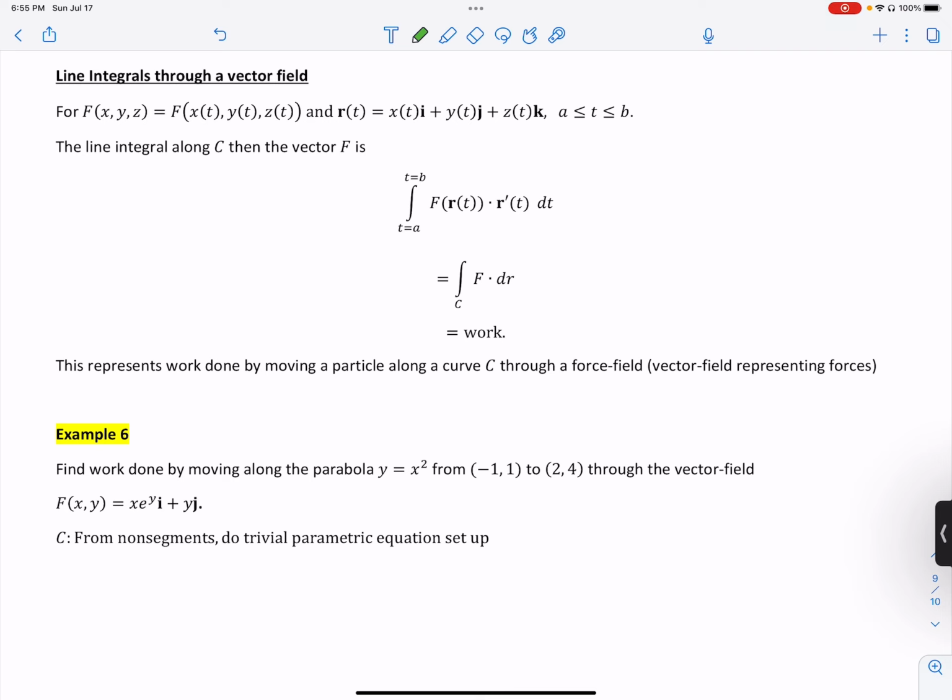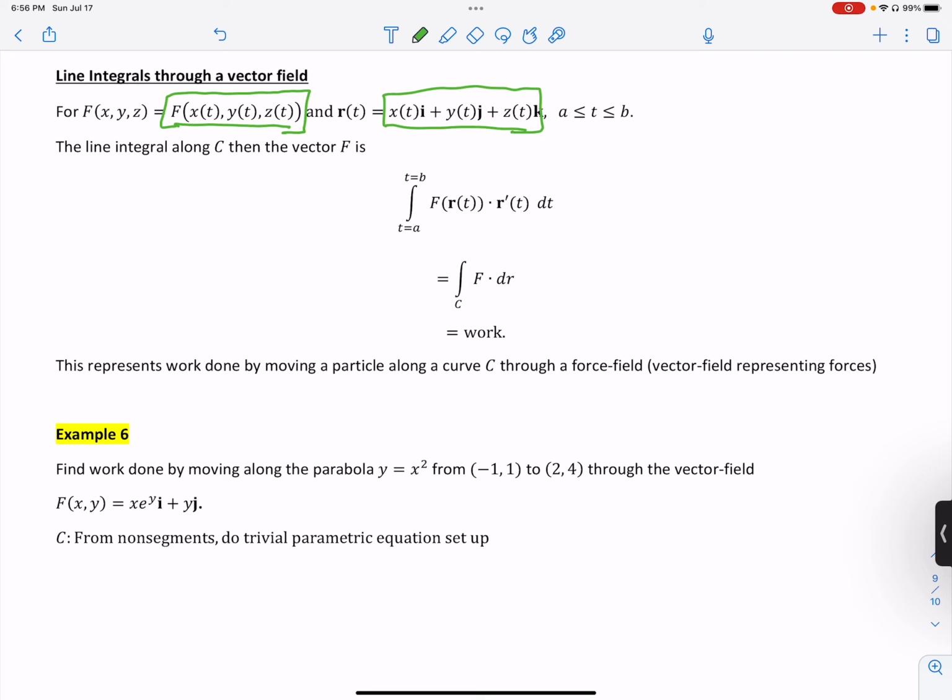So we are given a vector field. Now, remember, a vector field is like a force field. It has a bunch of arrows. So here's some type of vector field, and then we're given some path. What we're going to talk about is a particle moving along that path in space, x, y, and z, which gives me where it's going to be, through this vector field.